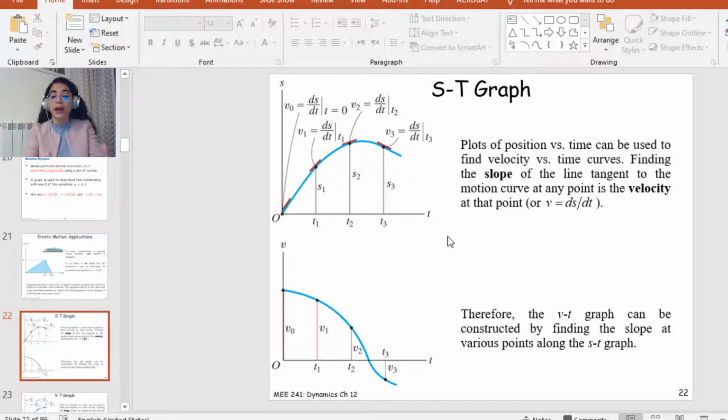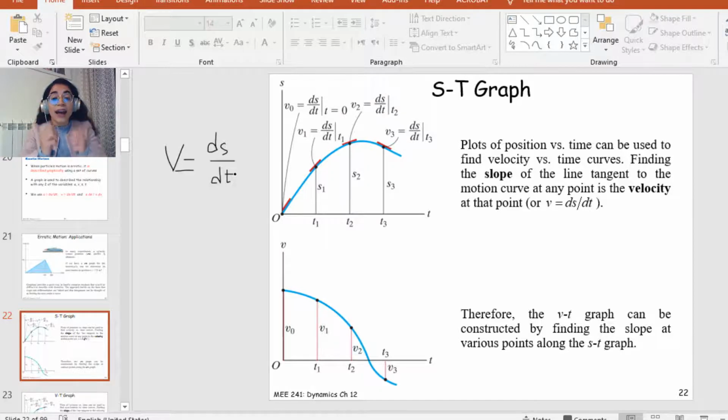From this plot, can I find the velocity versus time? Of course, guys, because I know that v is equal to ds/dt. So this is the instantaneous equation of velocity, or this is the instantaneous velocity.